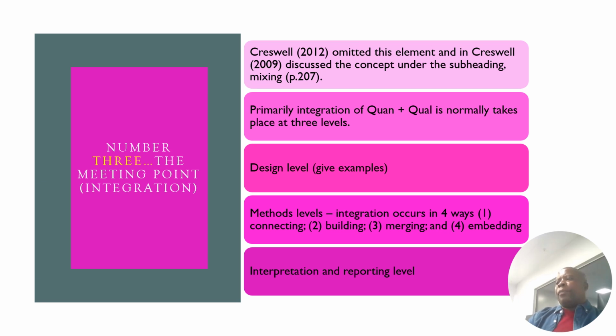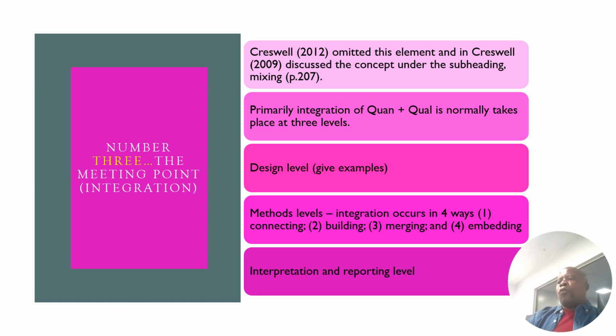Then in building, we are referring to the findings from one approach. If you start from quantitative, the findings from quantitative now inform the data collection procedures, including the design of the instrument for qualitative. So there is building there, because we are using the results from one approach to inform the data collection procedure and analysis for another approach.